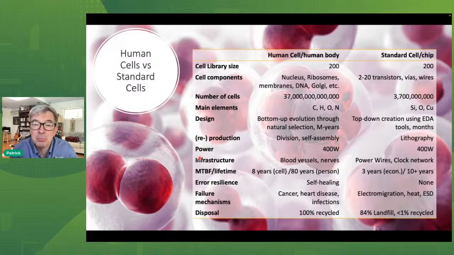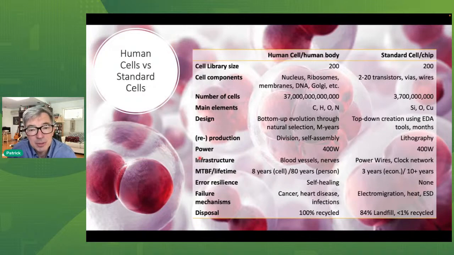Our body, the human body, also has a standard cell library of just 200 different cells. Every cell in a standard cell consists of 2 to 20 transistors, a few wires and vias. And the standard cell in our body, the human cell, is way more complex. It has nuclear ribosomes, membranes, all kinds of stuff. And it took evolution the better part of 3 billion years to put this together.